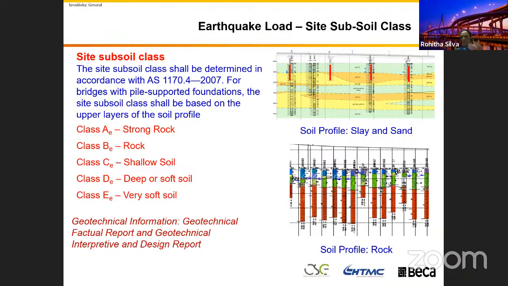From the bore logs, you can identify the type of rock where you're going to place your bridge foundation. In this picture it's clay and sand. The red is your bridge pier, and along this length they are located in different subsoil environments.